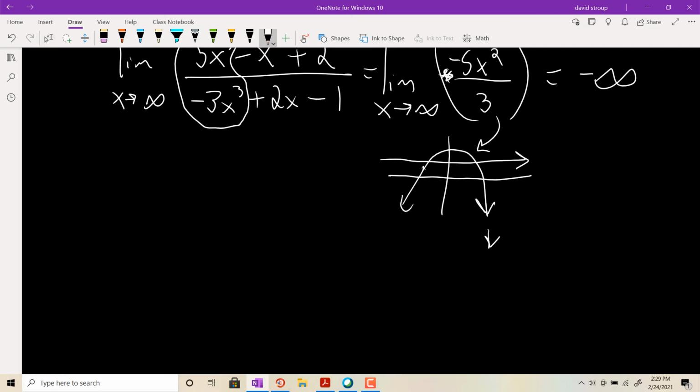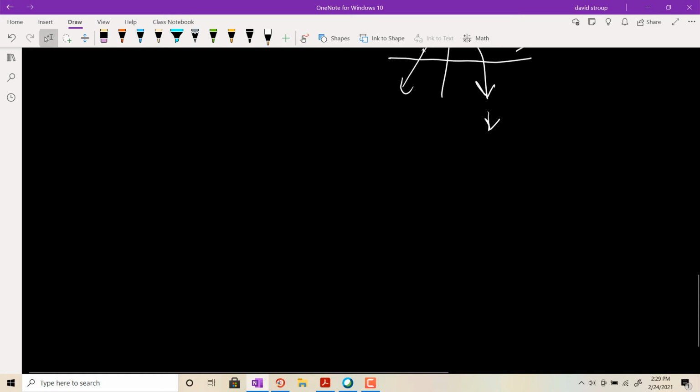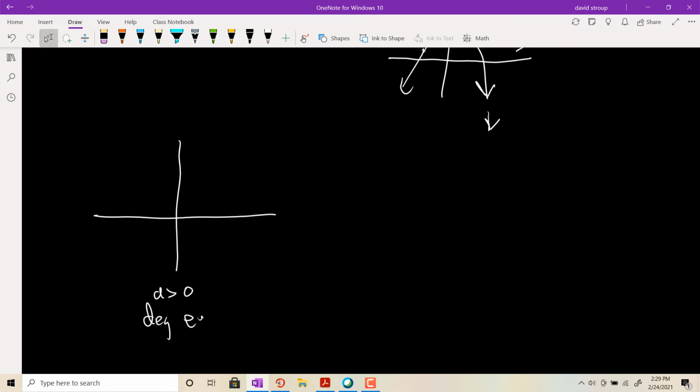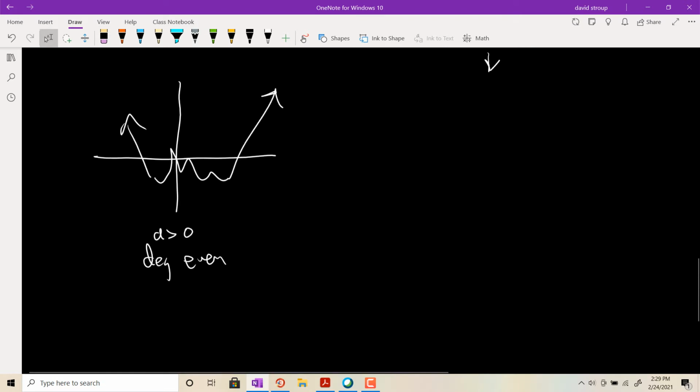In general with polynomials, there are going to be 4 types of behaviors. If your leading coefficient is positive, so if a is positive, and the degree of your polynomial is even, your picture is going to be something like this, right? So as you go to negative infinity, it's positive infinity. As you go to positive infinity, the output is positive.